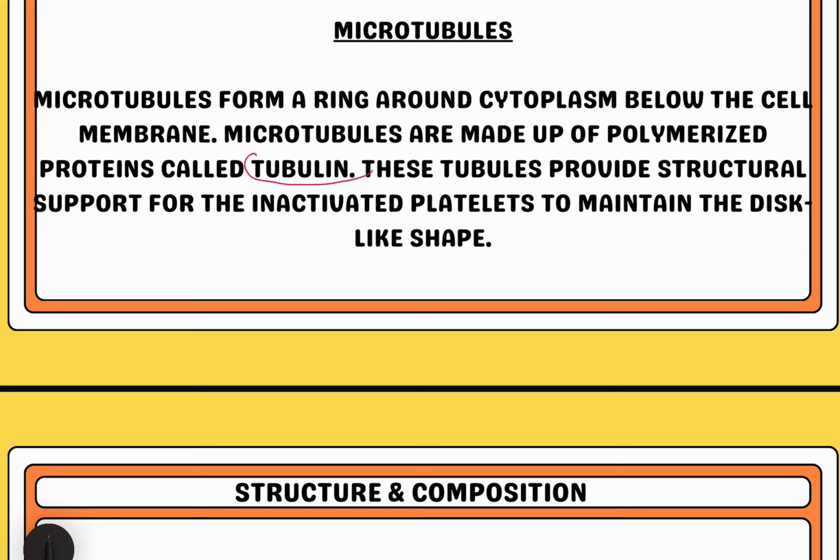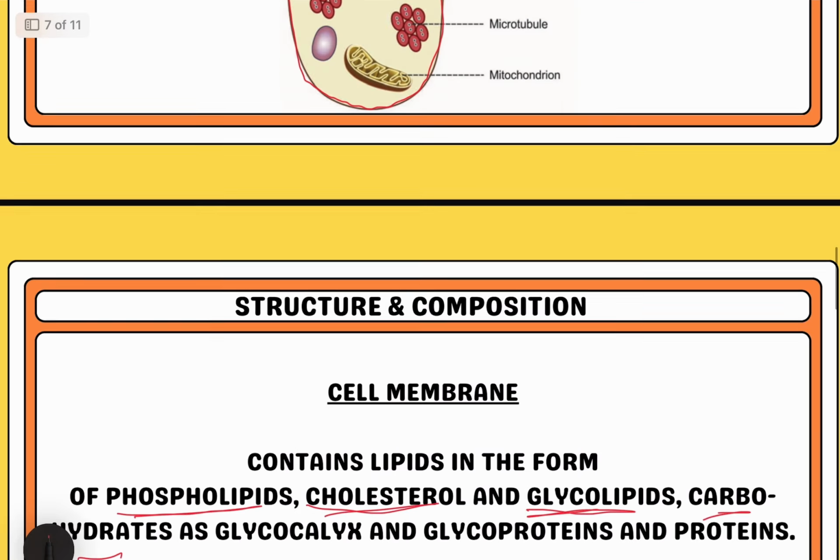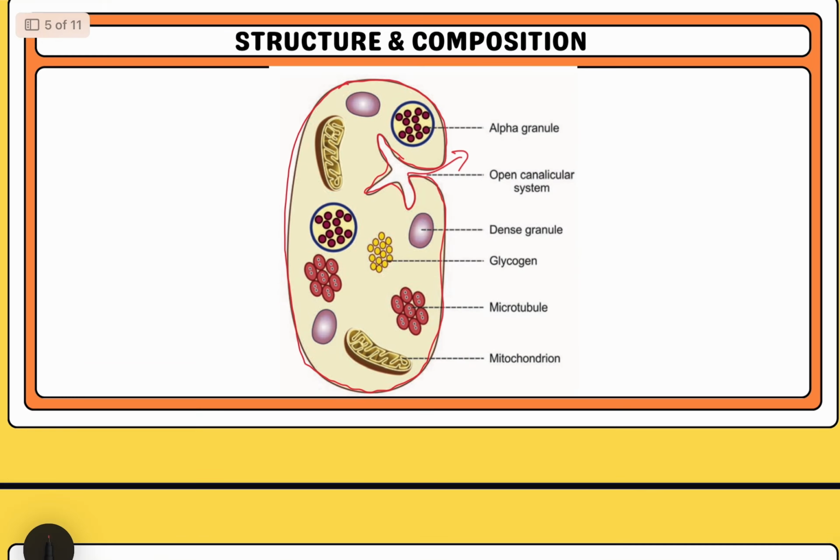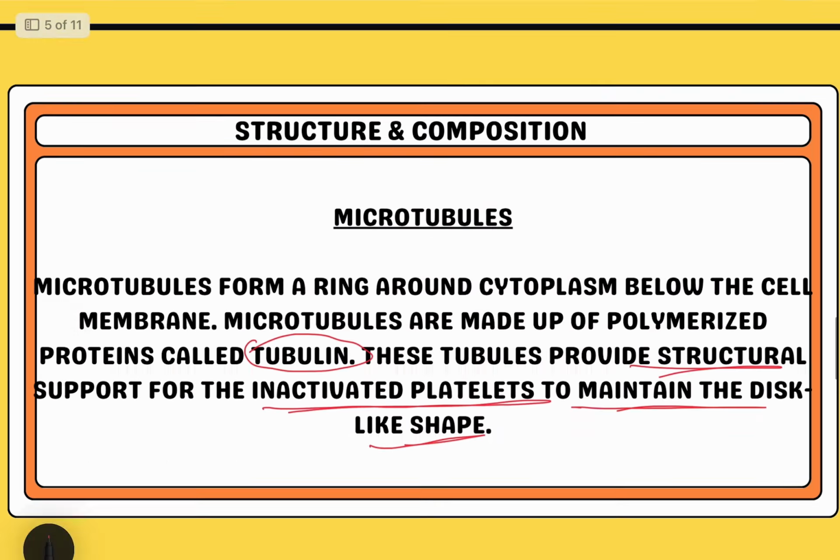This is important, the tubulin. What is their main function? They provide structural support for the inactivated platelets to maintain the disc-like shape. So the main thing is that the microtubule contains a protein known as tubulin, and they are responsible for maintaining the disc shape of the platelet only in the inactivated form.